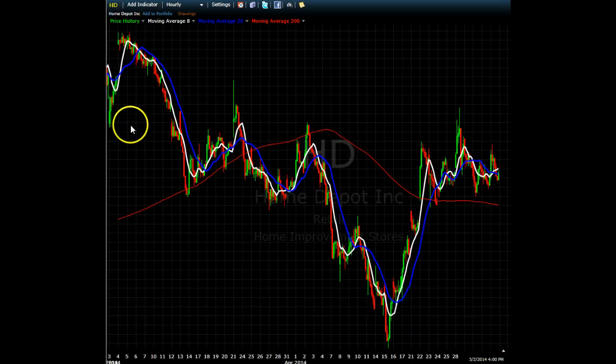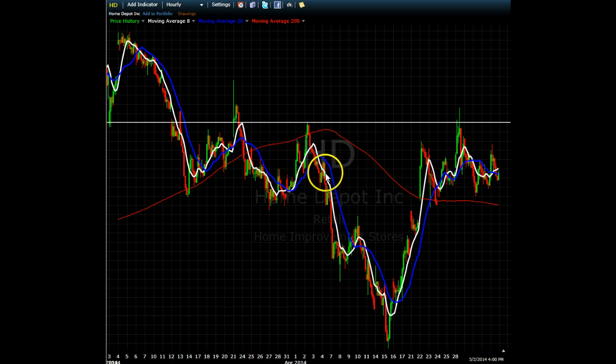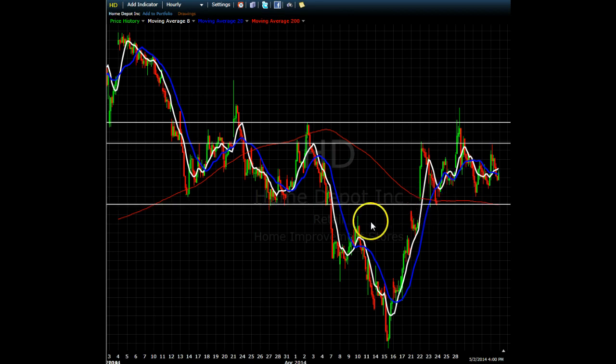Home Depot. Let's see. So that was a high there, which really corresponds with that. This high here corresponds well with that. I hit that because that seemed to bounce off of that a couple of different times.